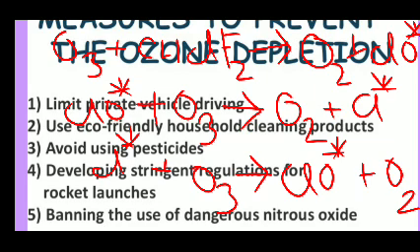Use eco-friendly household cleaning products. Avoid using pesticides. These pesticides release nitrogen gases, that is nitric oxides, into the atmosphere. These also cause ozone layer depletion.